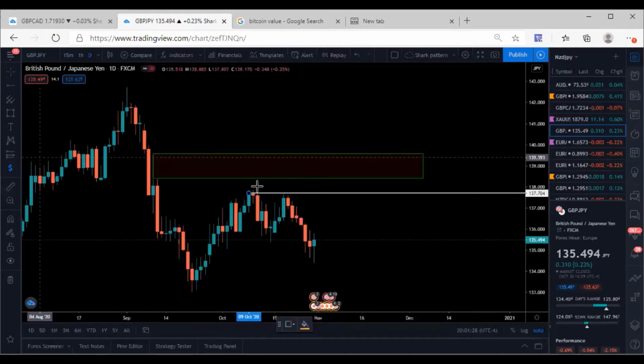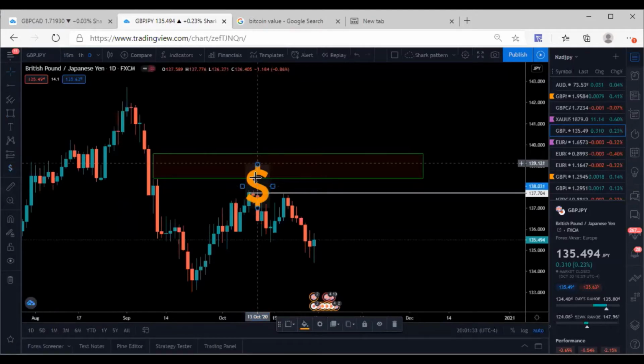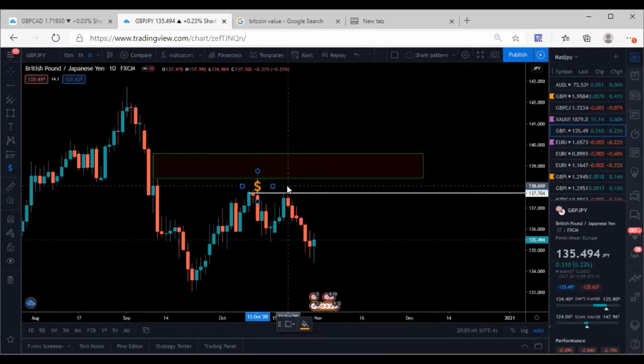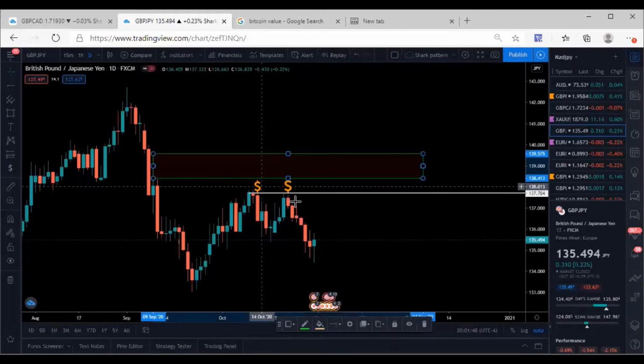And what that means is that people, as in normal retail traders, tend to see a double top and they want to sell here. Like you're taught to sell at double tops and everything. So they have their second leg going down and they are putting their stop loss above the first leg.